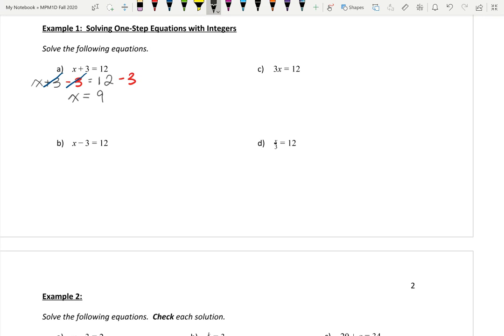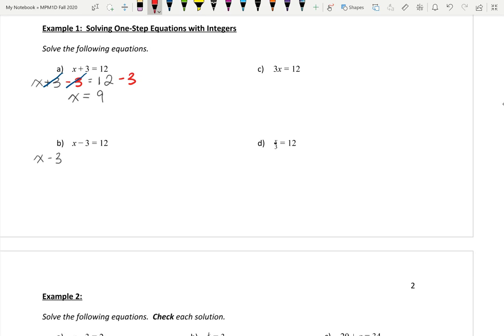Let's try B, which is right below. x minus 3 is equal to 12. So I want to isolate x, which means that I need to include the opposite of minus 3, which is plus 3. So I'm going to write everything that's already there on the left side.